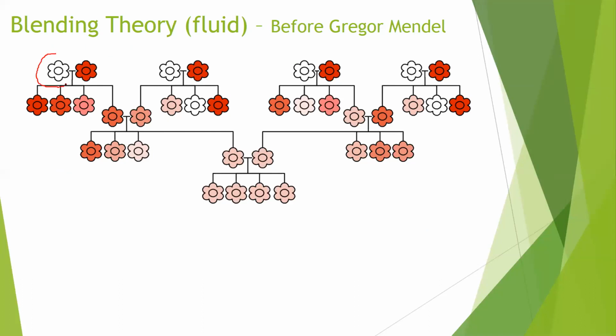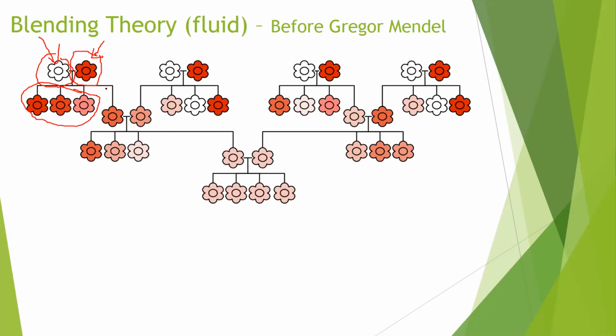For example, when two parents are crossed, one has a red phenotype and the other has a white phenotype, all the progeny will have a trait in between these two phenotypes, just like we mix two types of fluid together.